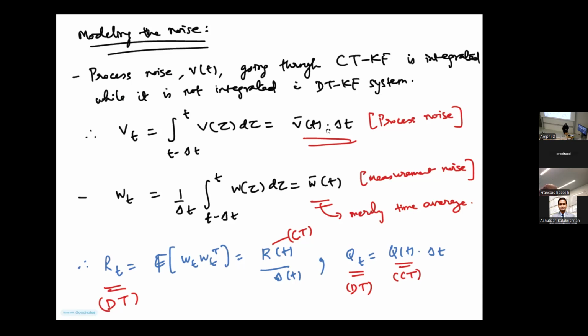So the process noise gets multiplied by this factor of del t, which is the modification that happens in a continuous time analysis. Similarly, the measurement noise, on the other hand, is basically the time average over the sampling interval. And similarly, the noise covariances are now either divided by the time period or multiplied with the time period.